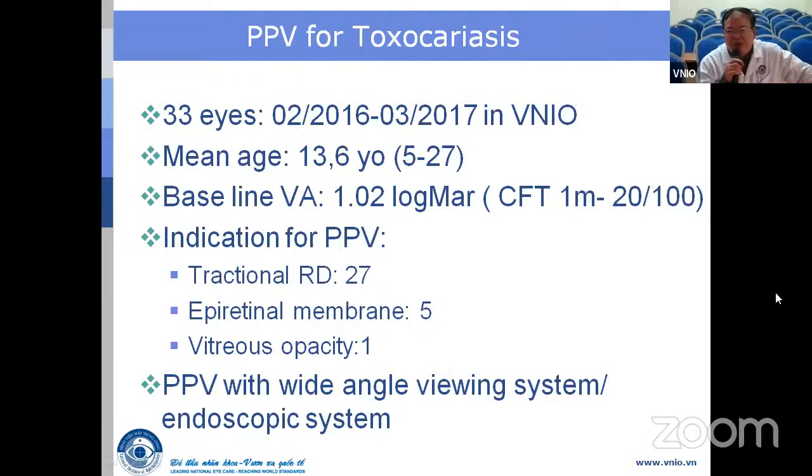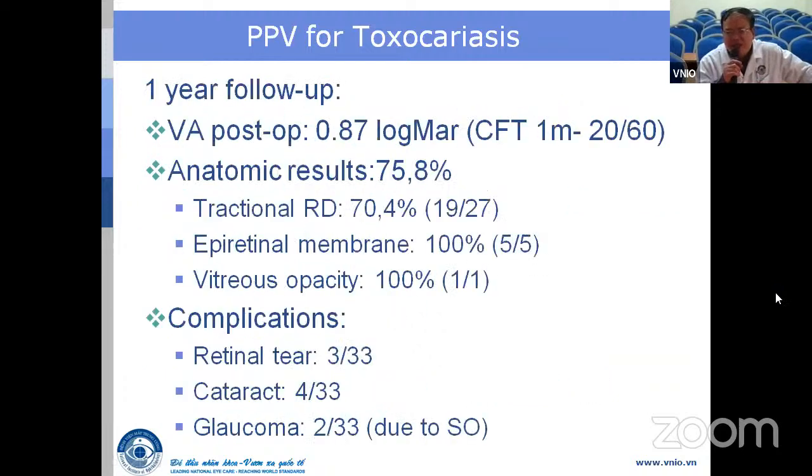We do PPV with a wide angle view system, BIOM we call that, and in some cases endoscopy. After 1 year follow-up, visual acuity post-op, count finger improved to 20/60 in some cases. Anatomic result I think quite fine: retinal reattachment 70%, retinal membrane 100%, vitreous opacity 100%.